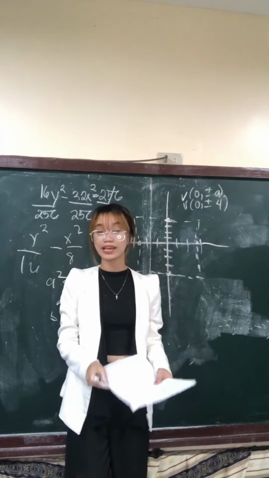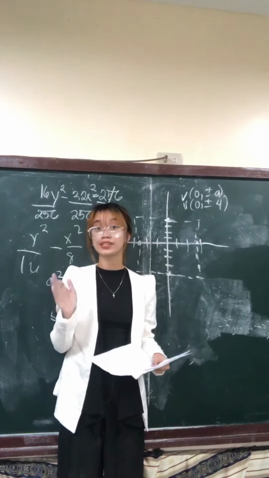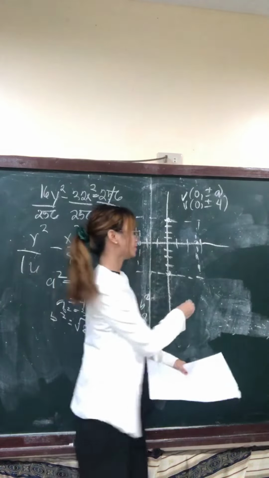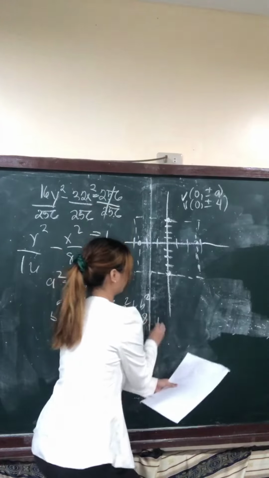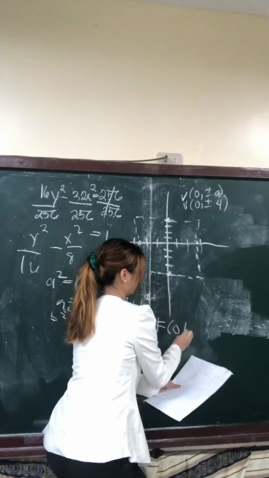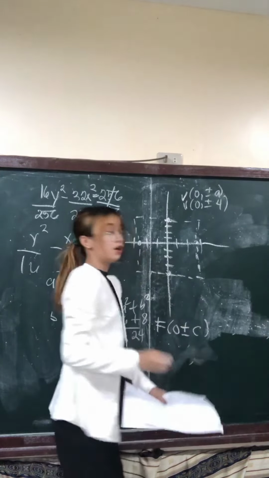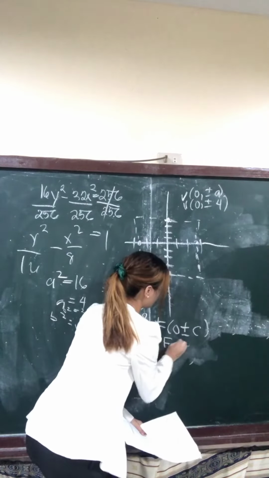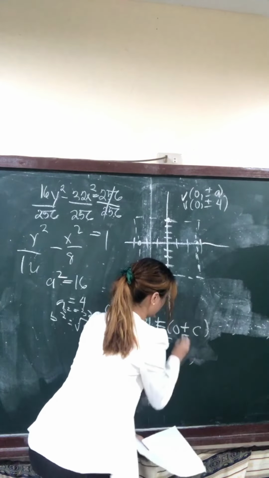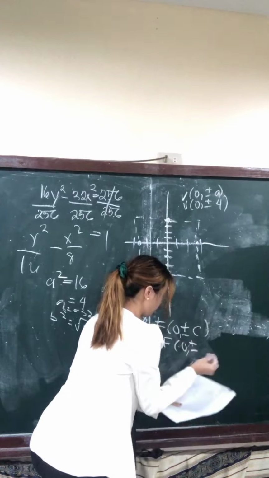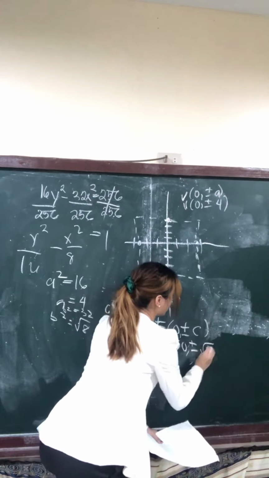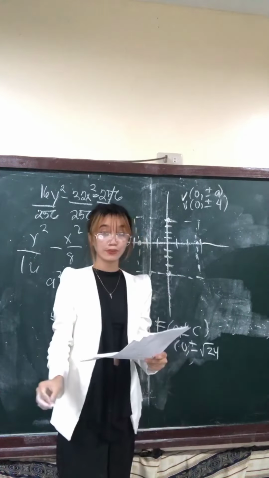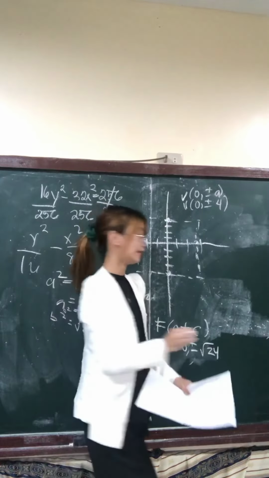Now we are going to determine the coordinates for the foci, which is 0, positive and negative c. Our foci would be 0, positive and negative the square root of 24, and the square root of 24 is equal to 4.92.